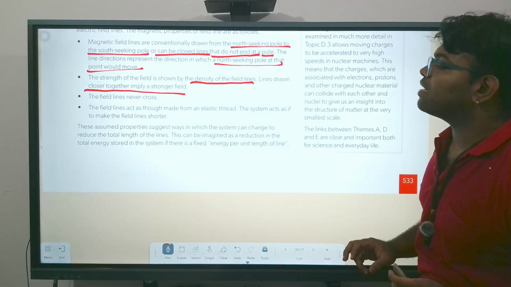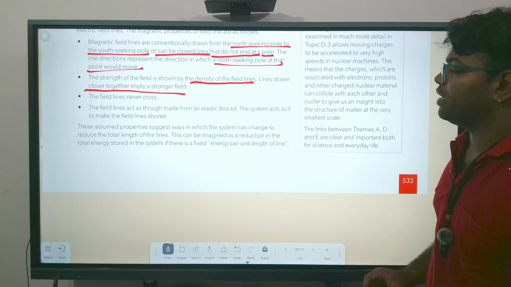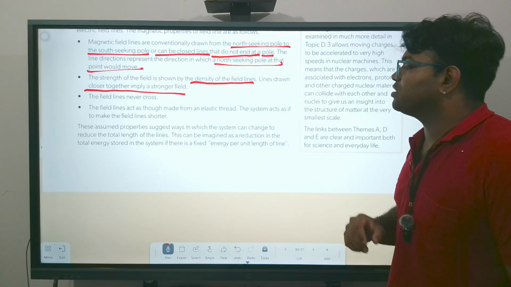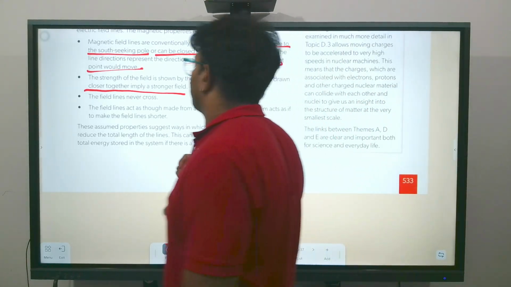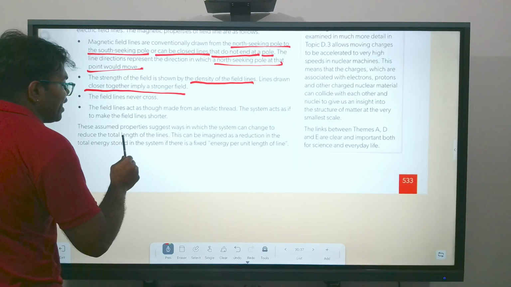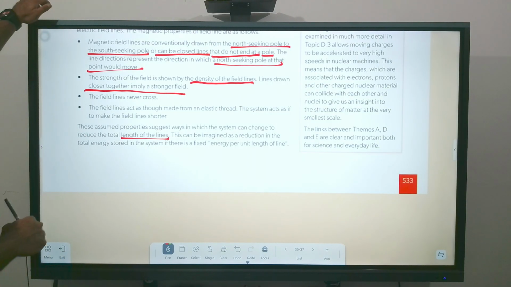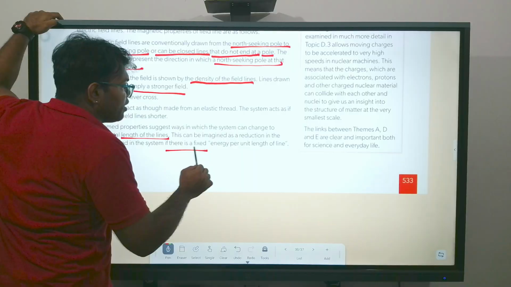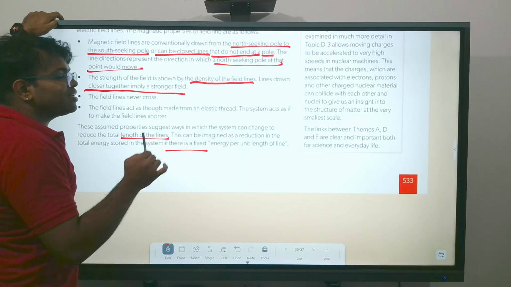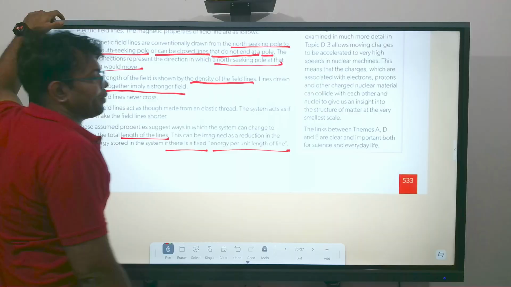Now, these assumed properties suggest ways in which the system can change to reduce the total length of the lines. This can be imagined as a reduction in the total energy stored in the system if there is a fixed energy per unit length of the line.